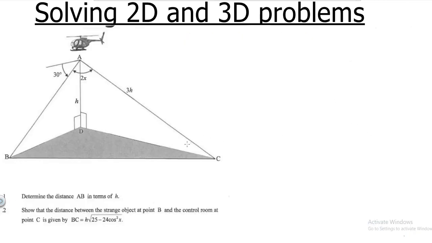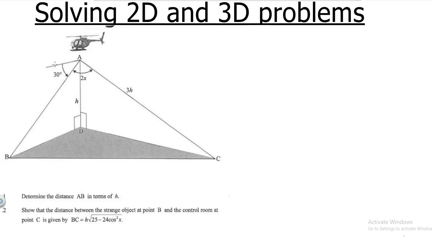All right, now we have another problem here. We have an aeroplane. Remember, an aeroplane is always parallel to the ground, okay? Two lines are parallel, and the angle from the plane or from the helicopter to the ground, the vertical angle, is 90 degrees.